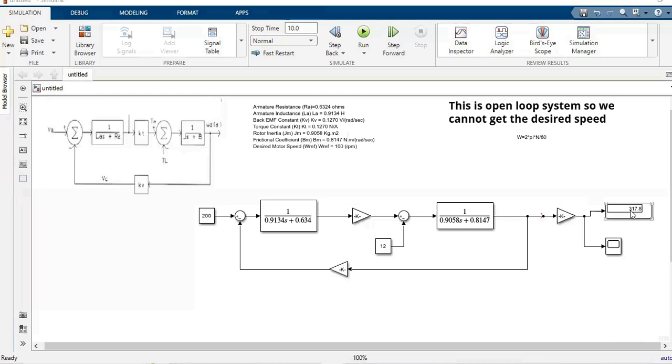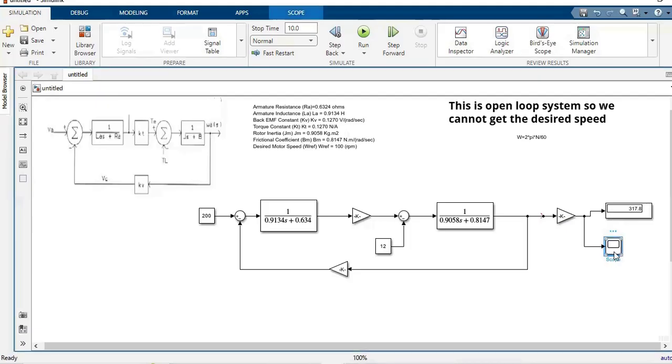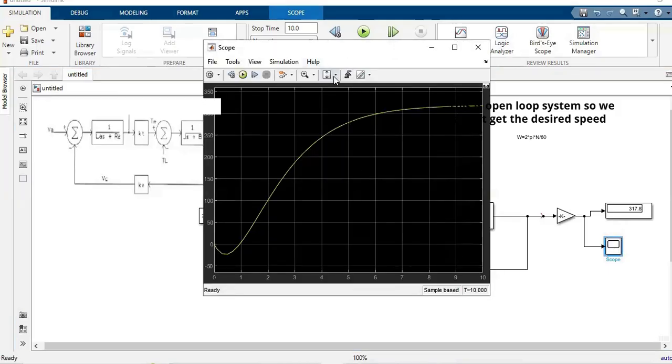If we run this, we are getting the speed as 317.8 RPM. This is the speed waveform in RPM.